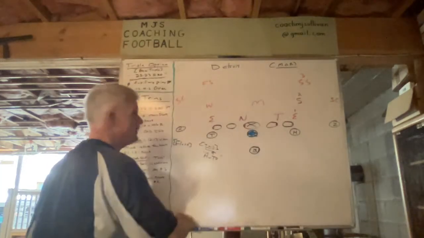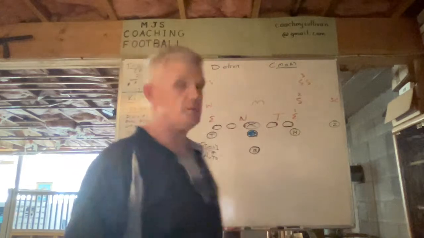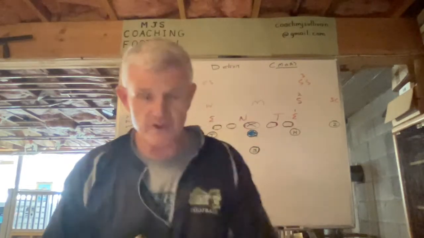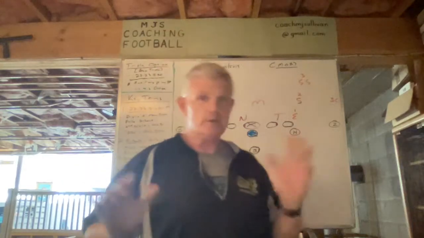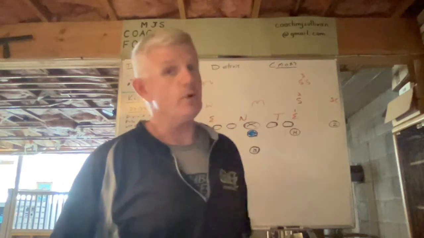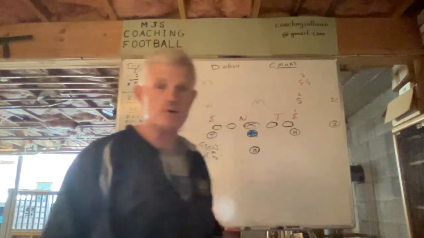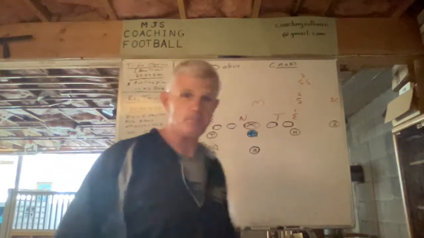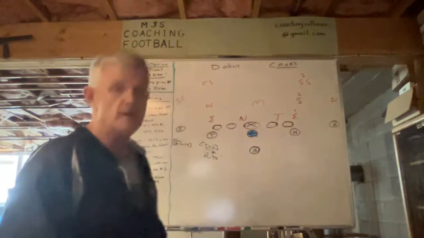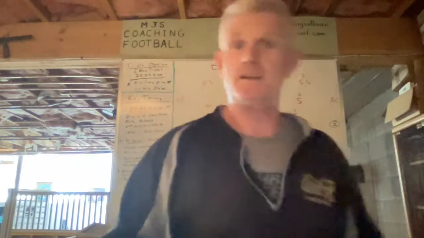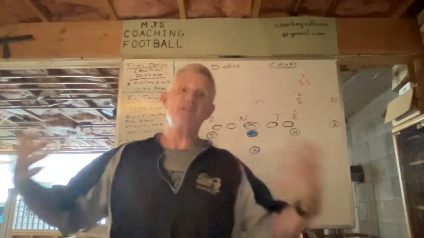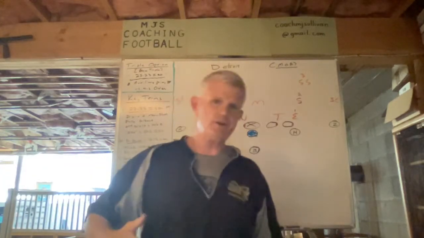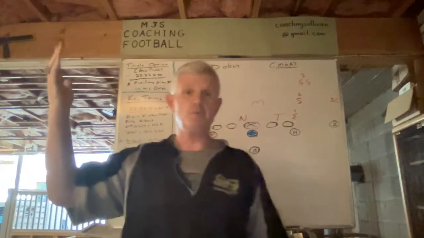This is a play that can be run from under center as well as in the gun. It really can be an effective play both ways. I'm only going to show it to you from under center. The only difference would be the technique of the quarterback in the mesh, in addition to the change in his alignments, which affects the B backs.